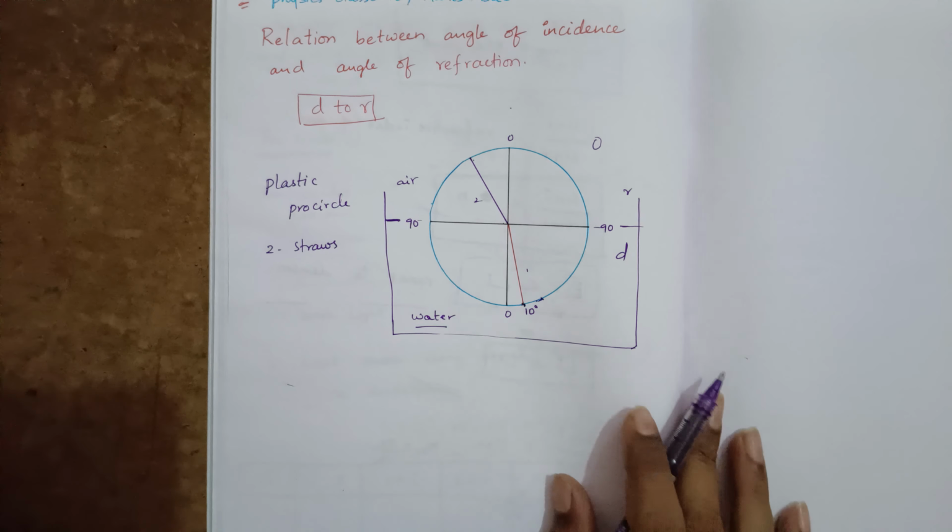Now for each angle of incidence we will find the angle of refraction. We should repeat the same procedure for different angles of incidence: 10, 20, 30.